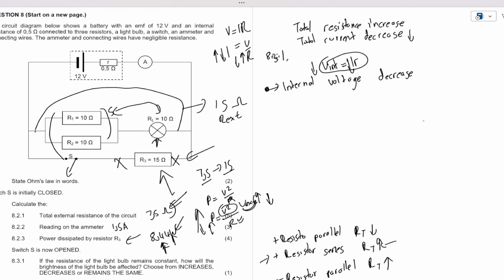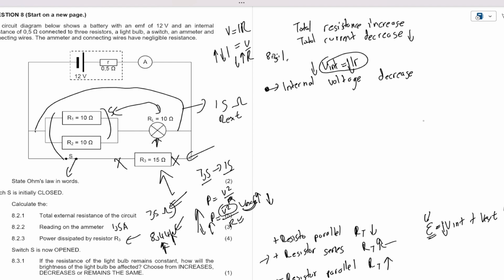We must know that EMF equals V internal plus V external. Because EMF is constant, it is the maximum work done by the battery. It means that if V internal decreases, to keep the same EMF, V external has to increase.